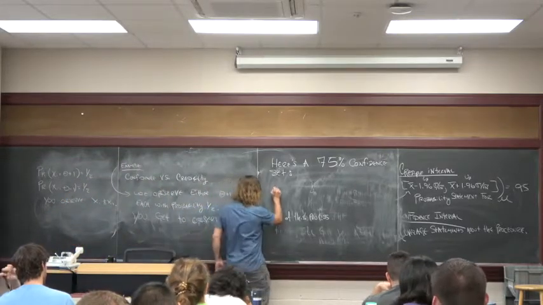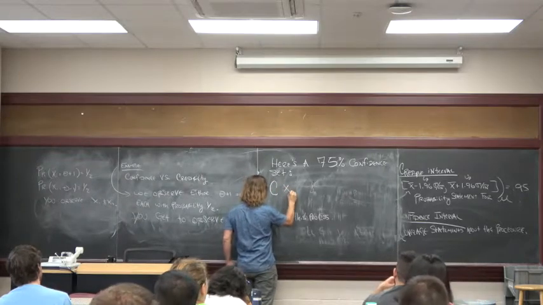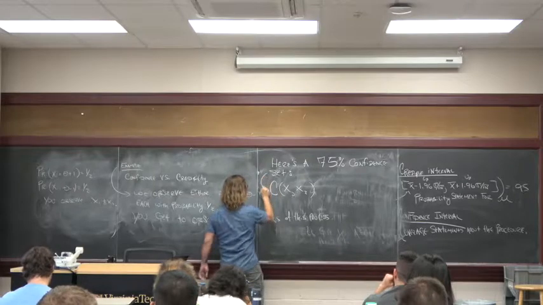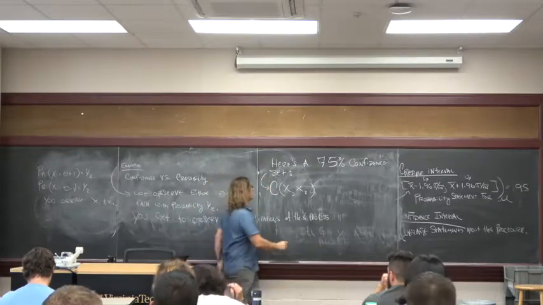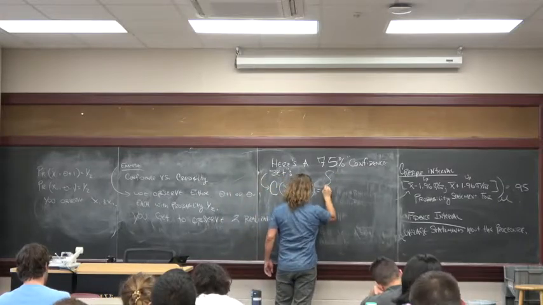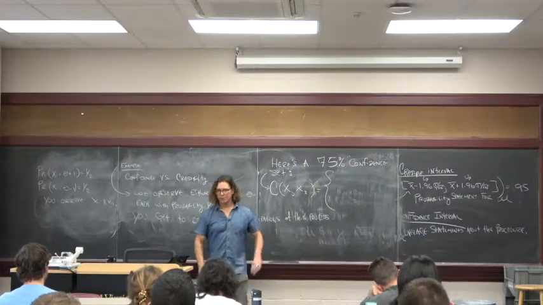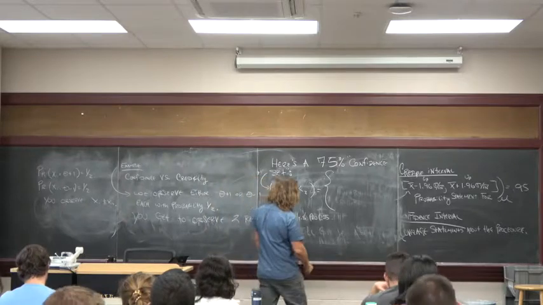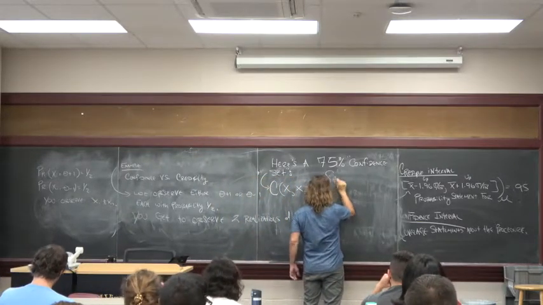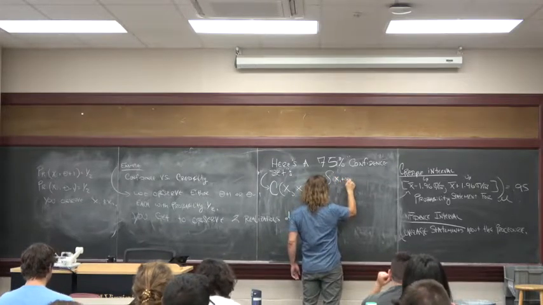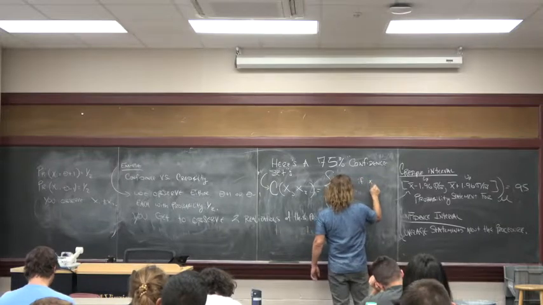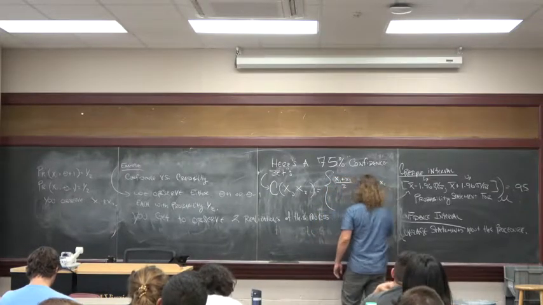So I'm going to write this down as C(x1, x2). This just means confidence set. It's not an interval. It's going to have some conditions. So I'm going to give you either the average of the answers, x1 plus x2 over 2, if x1 is not equal to x2.